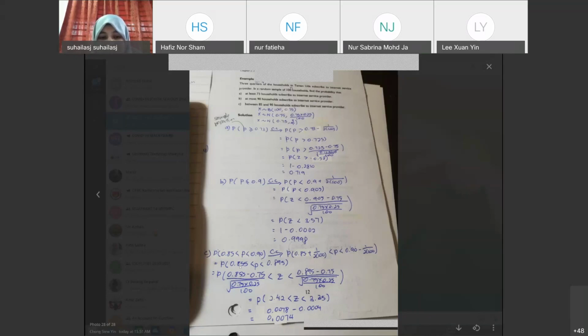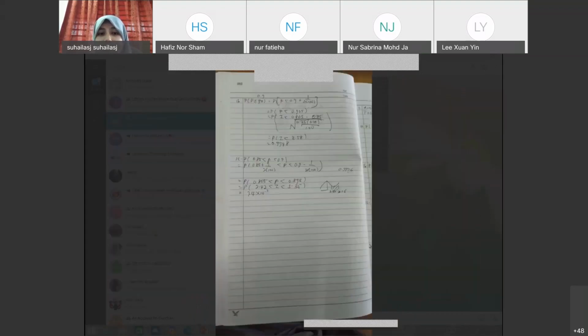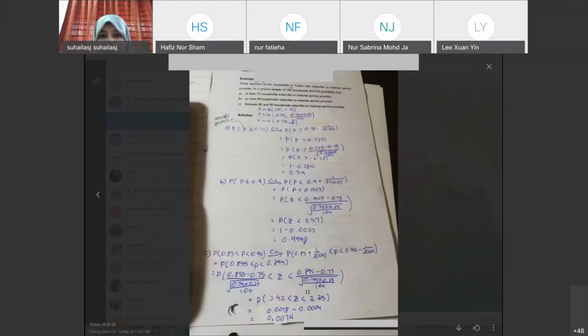You get 0.855 and 0.895. Then we standardize, and you get the values 2.42 and 3.35. So the final answer should be 0.0074. The next one has the same answer. Any questions for this one?